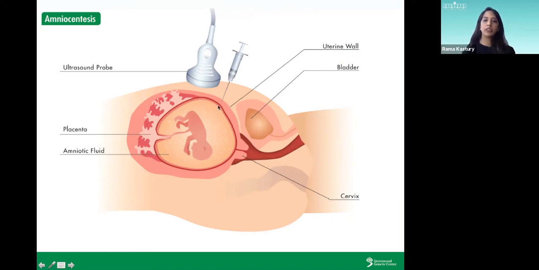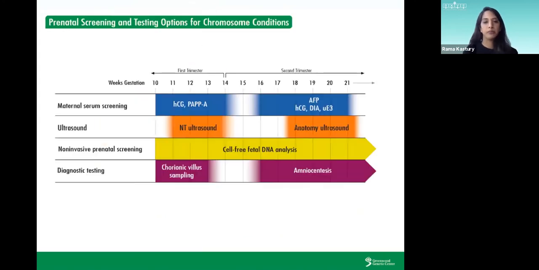That fluid holds skin cells from the baby, and believe it or not, it's actually the baby's urine that the baby pees. It's all sterile fluid that goes in and out of the baby. And so it has a nice sample of some of the cells of the baby for us to get the genetic testing, genes and chromosomes, genetic material from the baby.